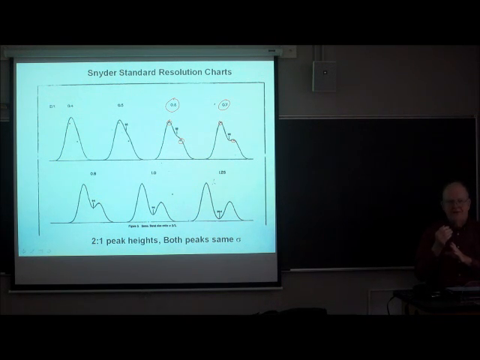So if you were to measure that peak height, it would be a little bit high, and the peak position would be a little bit off, and so on. Now as the ratio of peak heights gets bigger, you need more and more resolution to get 2 maxima, and you need more resolution to get the baseline between the peaks.